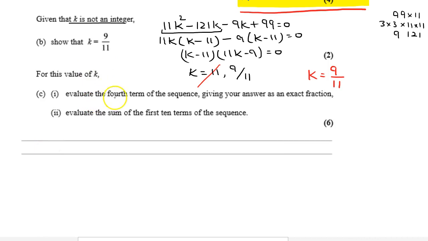The first part is evaluate the fourth term of the sequence. Fourth term is ar cube. Now our terms are 7k minus 5, 5k minus 7 and 2k plus 10.